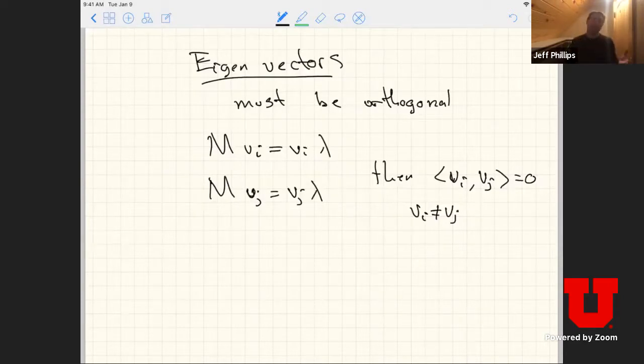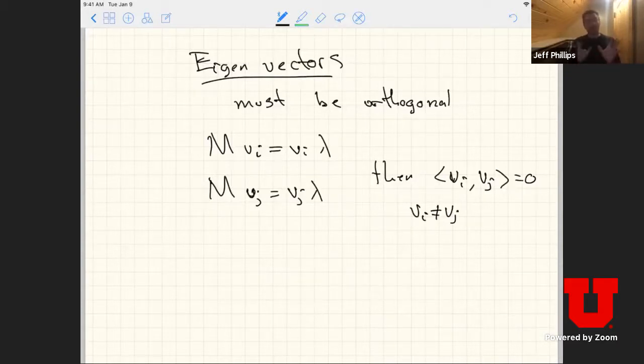So if we can find the eigenvectors, we're finding this orthogonal basis of the span of data that can be represented by this matrix M. If I have a basis, remember, a basis is a set of vectors which is enough to describe the linear dependence structure, right?